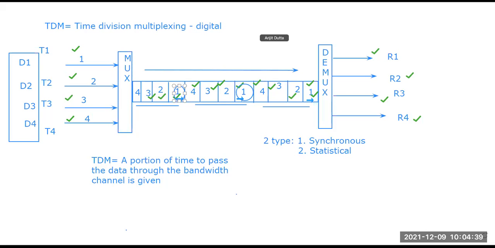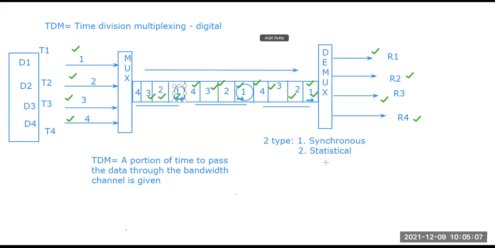But to overcome this scenario, and to get more usage of that particular channel, statistical TDM was introduced. And what is it doing? Statistical TDM allocates the time slots dynamically to improve the bandwidth efficiency.